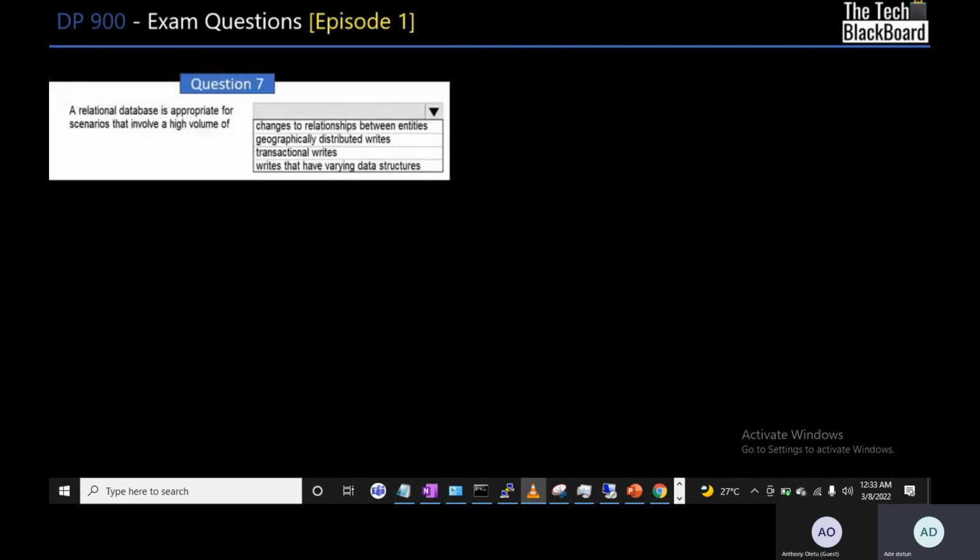What Azure service seems to carry this title? As in, I'm not saying this is the answer to this question. I'm just saying, that statement that says geographically distributed writes, what services do you think can be described like that? I don't know. Geographical distribution, is it not a non-relational database?